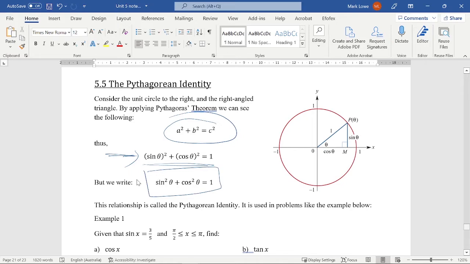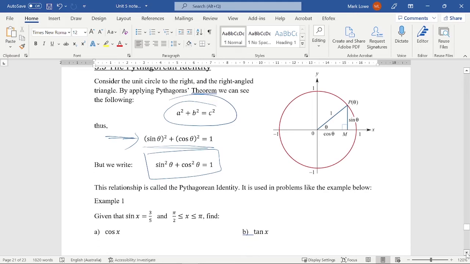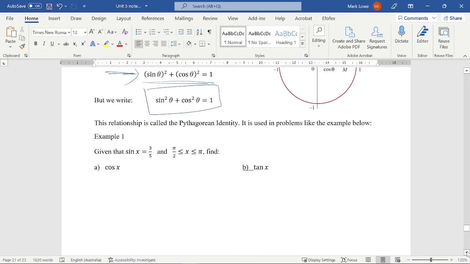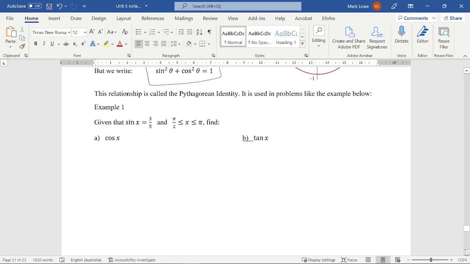Now, where do we use that? We tend to use it in problems like this. If we know that sine of some angle is equal to a value, in this example 3/5, and we know which quadrant the angle is located in, that's what this part means: if x is between pi on 2 and pi, it means we must be looking at the second quadrant.